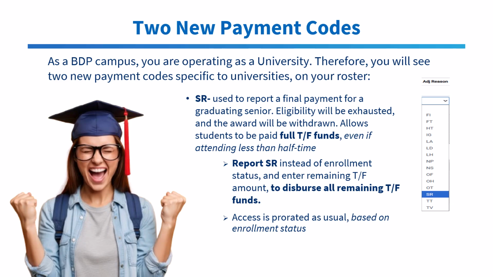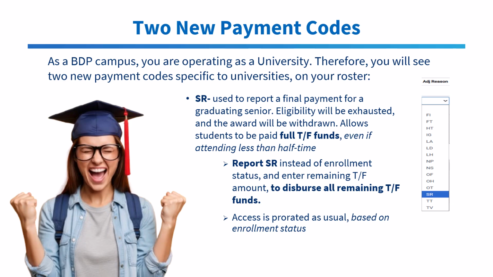This allows students to utilize their full tuition and fees award up to the term maximum, even if attending less than half time. To do this, report the SR code and enter the remaining tuition and fees award amount for that term to disperse all final remaining tuition and fees funds. This will exhaust remaining eligibility and will withdraw the award.